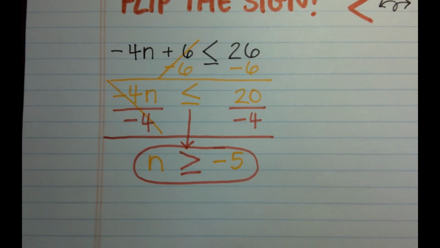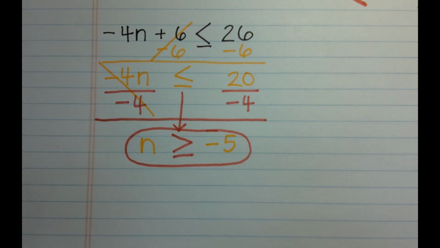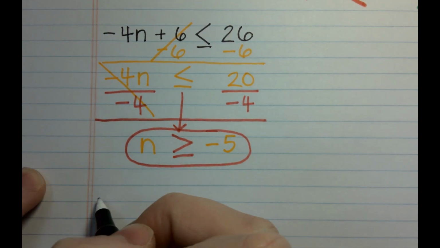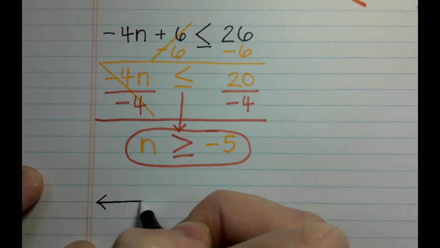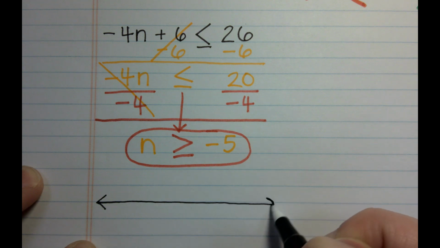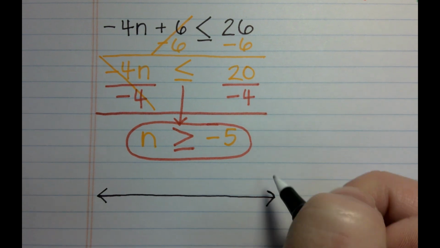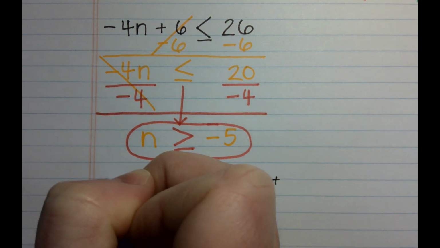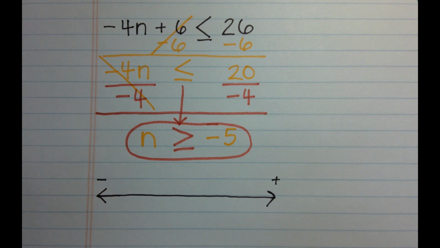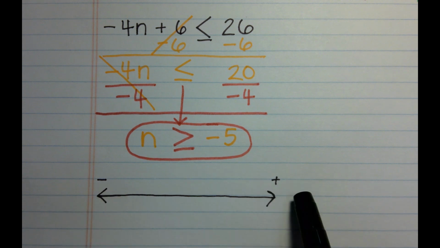We'll run through another one. This time we'll do one where we have to multiply by a negative. So let's see. I'll draw my little line, my plus and my minus. Anytime we do a quiz over this, I'll give you the number lines already drawn out, like on this worksheet.